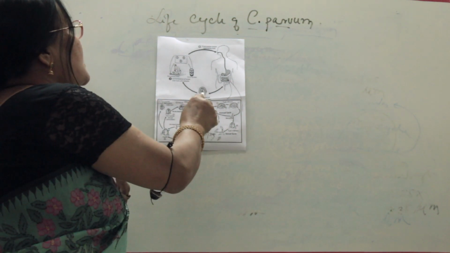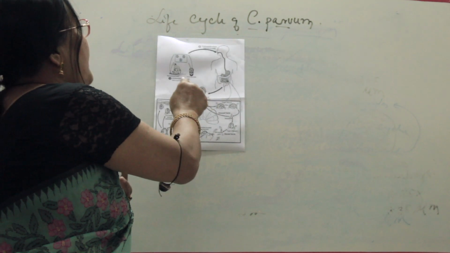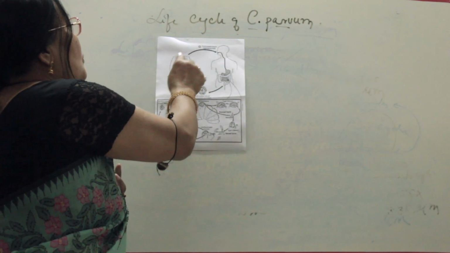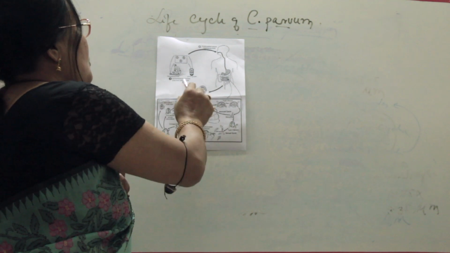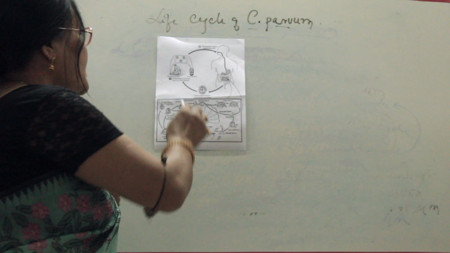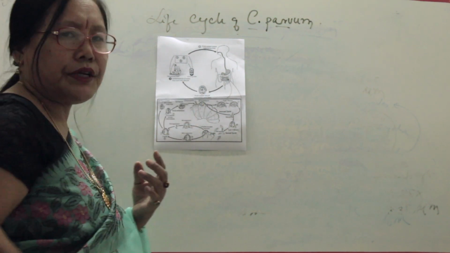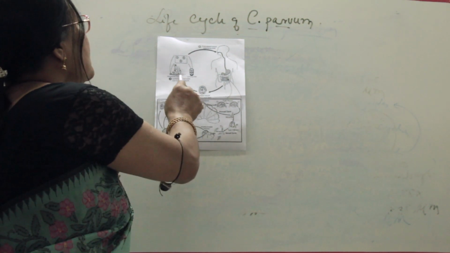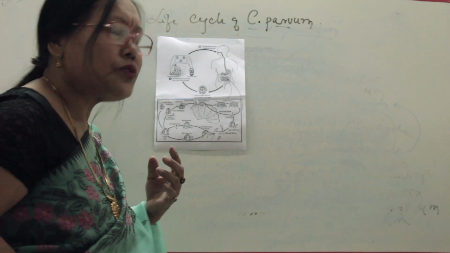These thick wall oocysts can be transferred to another person through ingestion of the contaminated water or contaminated food, or through recreational water also.